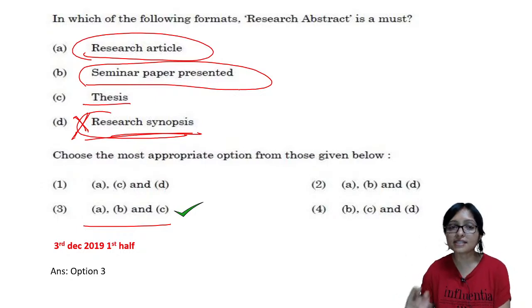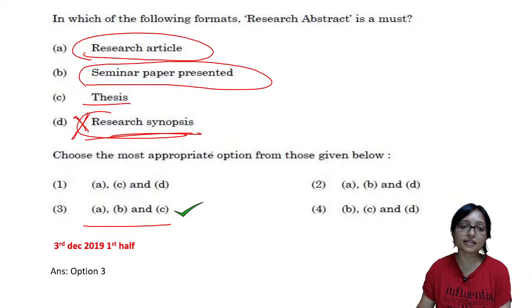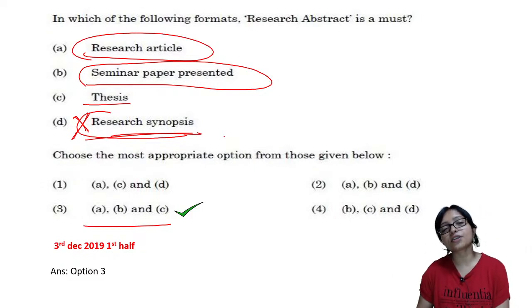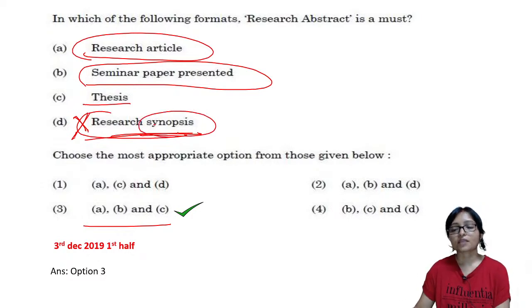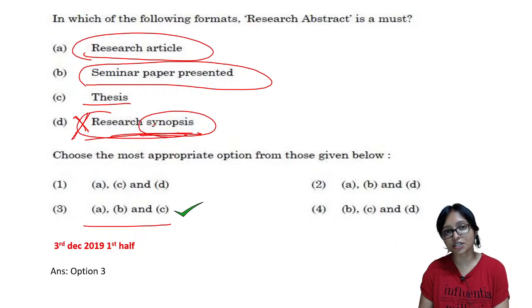The research abstract you do before writing the complete research, whatever we are writing, that is the abstract. But the synopsis is after the research, after giving the detailed description and providing the total details. So D will be eliminated, and after eliminating D you will get the answer A, B and C only.